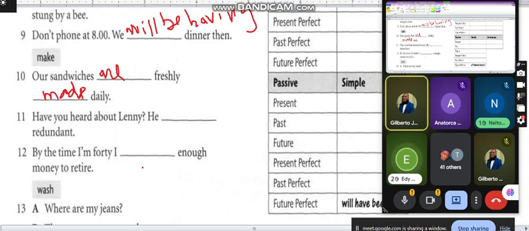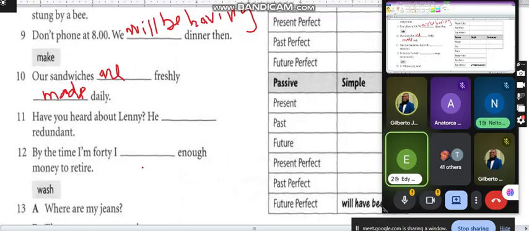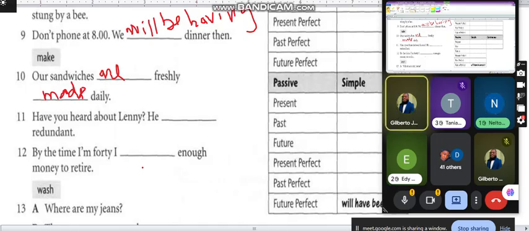So it's to be dismissed from your position at work or in a company that you're working for. Then you can say he was made redundant, which means he was dismissed from the workplace for disciplinary reasons. Very often when you're made redundant, it's for disciplinary reasons. Maybe you did something wrong in the company, in the organization, then they decided to discharge you and hire somebody else. Okay, thank you so much, Nelton.